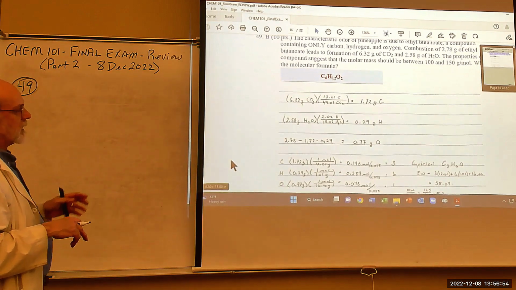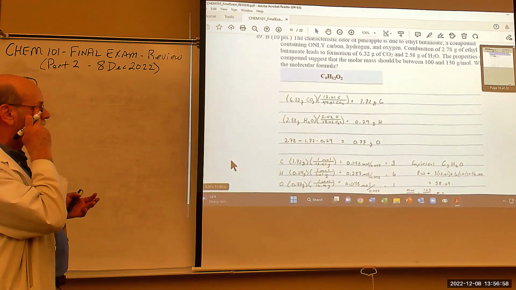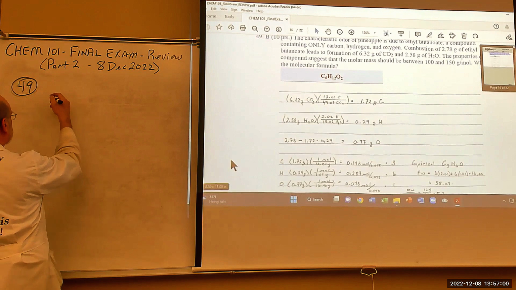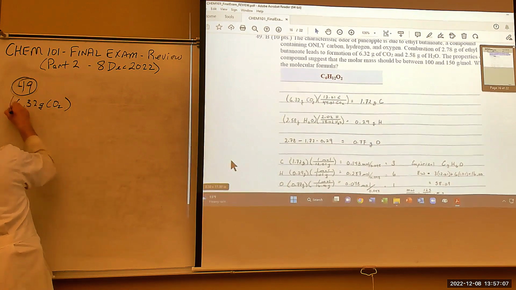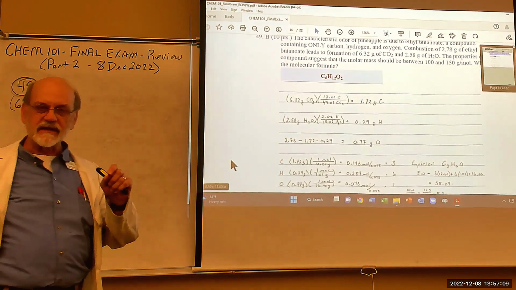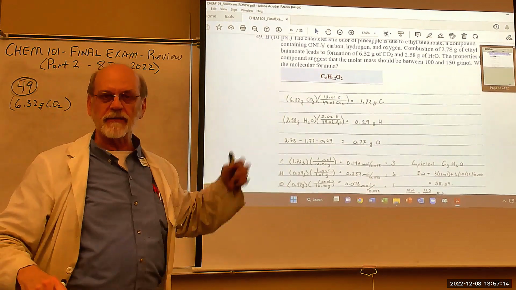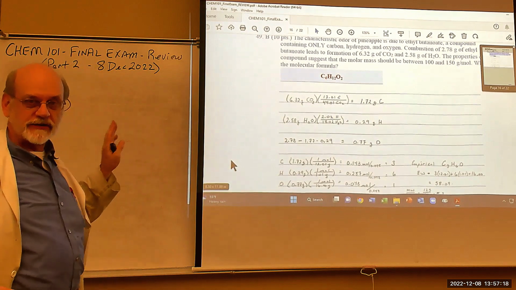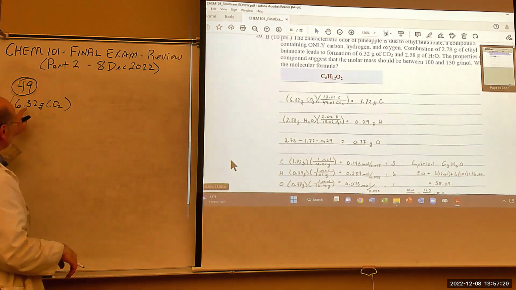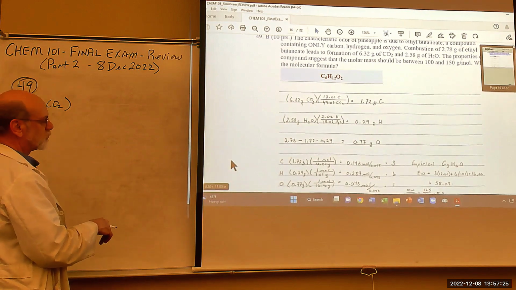Well, if we have 6.32 grams of CO2, remember it was combusted in pure oxygen. So we can't get the oxygen from these products. We have to deduce. What we do know is how much carbon is in here. Right? So what's the ratio?